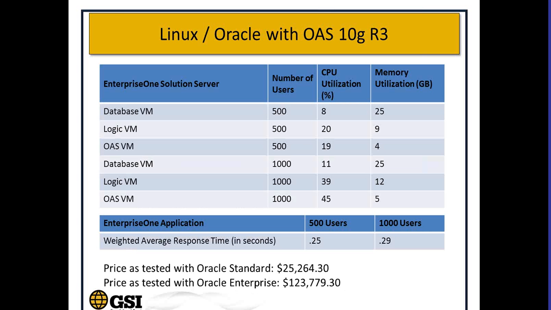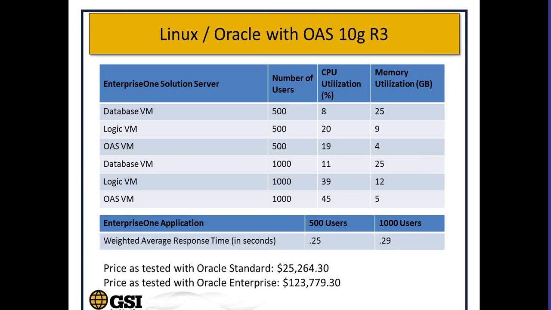So if you look at the overall CPU utilization and memory utilization, it's all definitely still within safe numbers, same scripts, same number of users, same exact everything. So it's a fair test amongst all of them. In this case, slightly worse performance at 1,000 users, but not really significant in terms of response time.